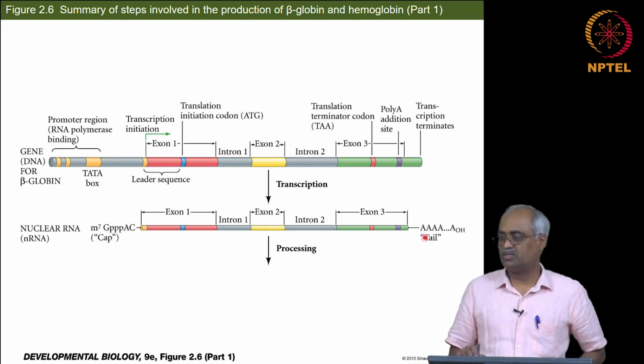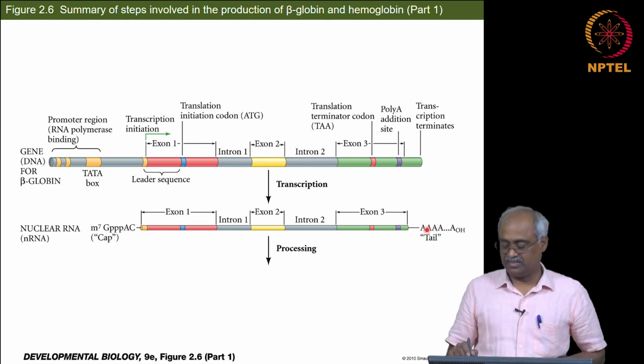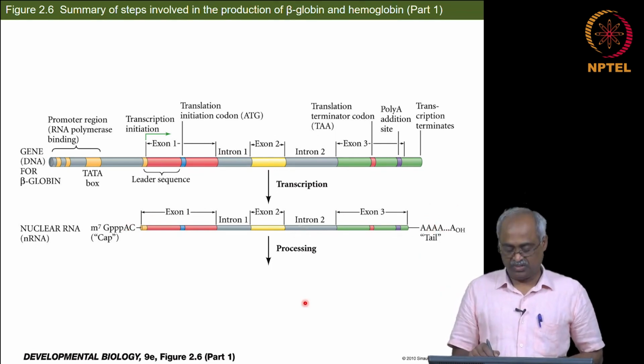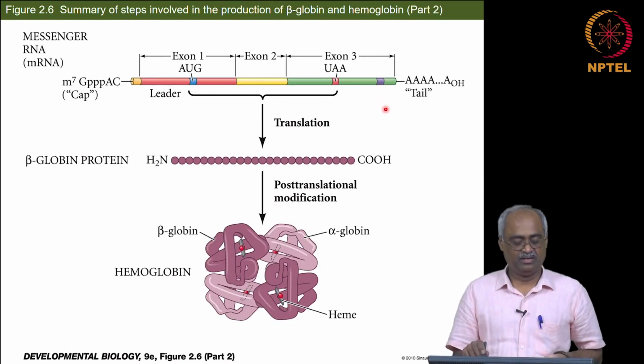These additions help in protecting RNA, okay. But I am not sure that is the reason why that step is first, but these additions at both ends happen before splicing. So then you have processing, which is essentially splicing. Then you have the messenger RNA or mature mRNA.